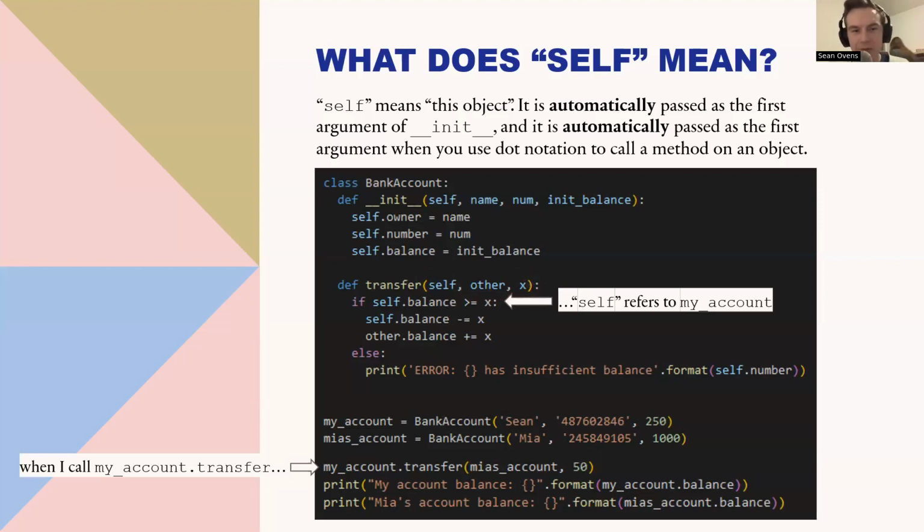And again, self is something that's automatically passed by Python when we call a method on an object using this dot notation. Okay? So self in this particular call of the transfer method is going to refer to my account, because again, I'm calling transfer on my account. So when we're executing transfer here, self.balance on this line here is actually accessing myaccount.balance.